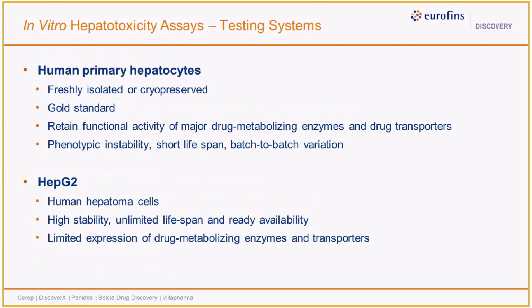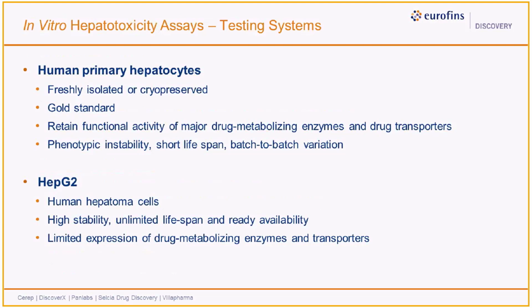We use two types of cells in the assays that assess DILI risk: human primary hepatocytes and HepG2 cells. There are advantages and disadvantages of each cell type. Human primary hepatocytes can be either freshly isolated or cryopreserved.